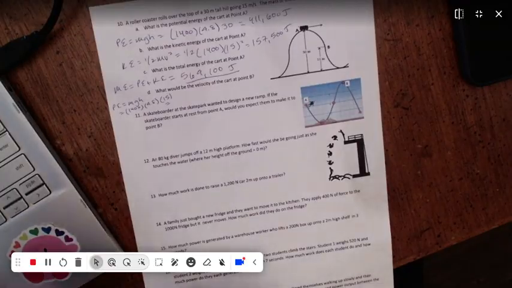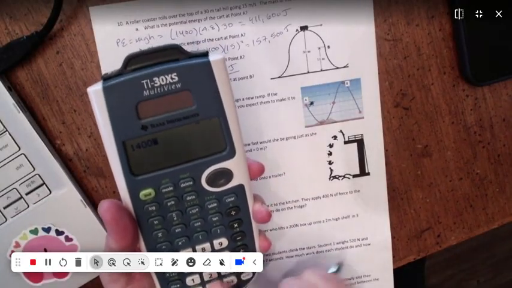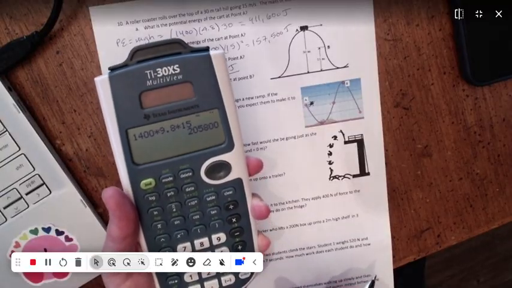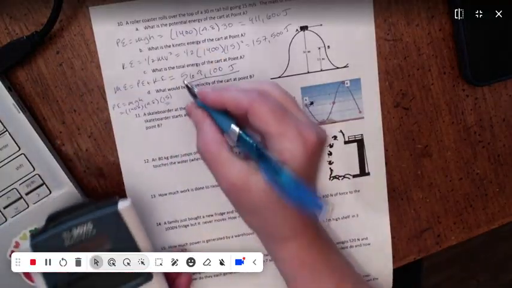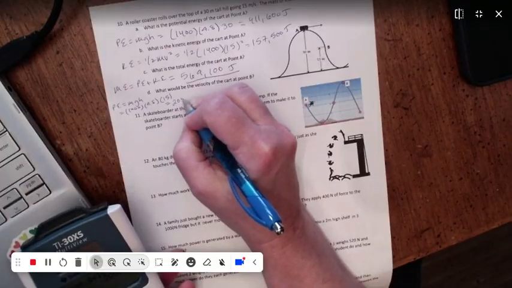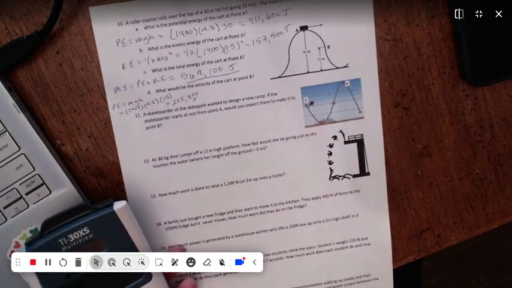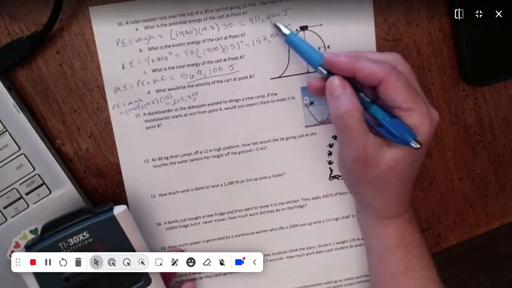That gives me 205,800 joules, and that's half of what it was at the top. I could have just divided by 2 at this halfway point. This number is half of this number.